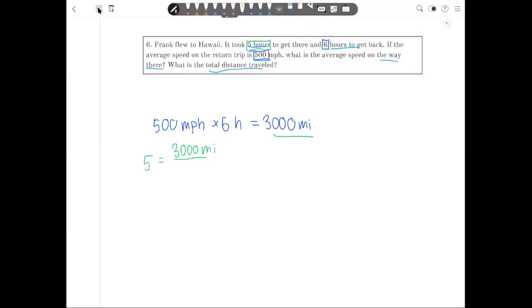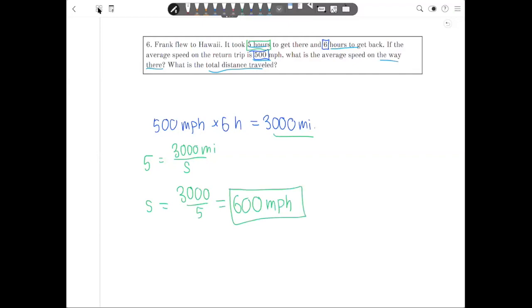The time is equal to the distance divided by the speed. Or a shorter way of writing this is that the speed is just 3,000 miles divided by 5, or 600. So the average speed on the way there is 600 miles per hour.